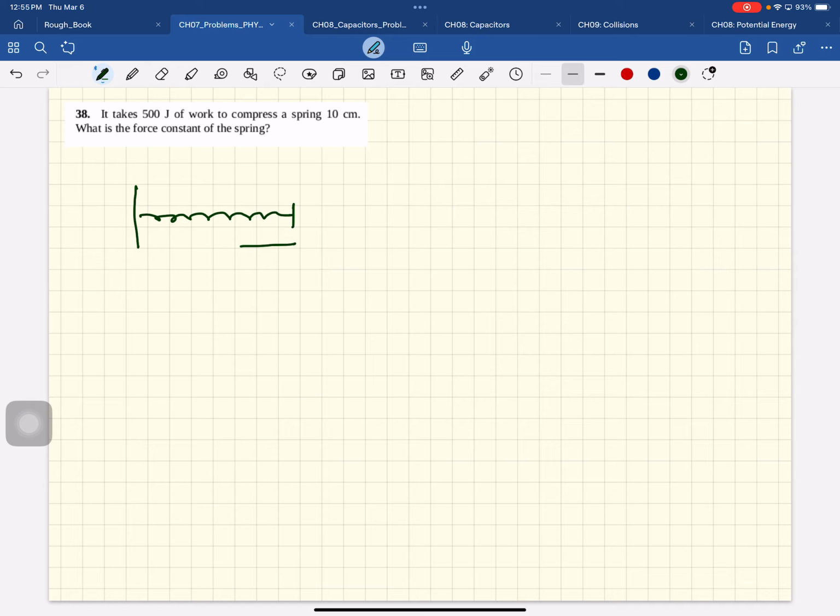The applied force is in this direction, and the spring force is in the opposite direction. When you're compressing your spring, you're applying a force that's equal to the spring force. So the applied force is equal to the spring force in magnitude, and the magnitude of the spring force is kx.